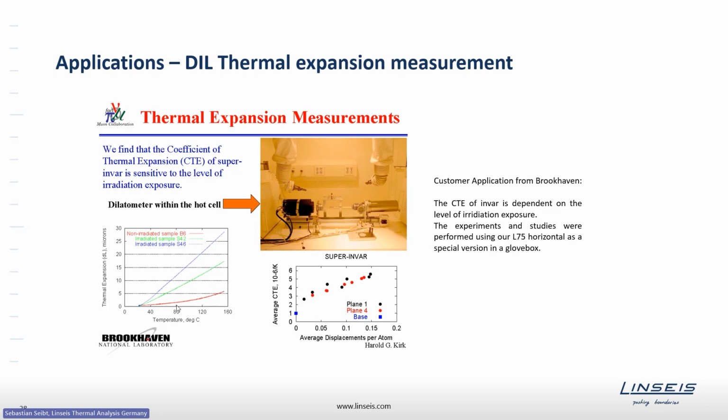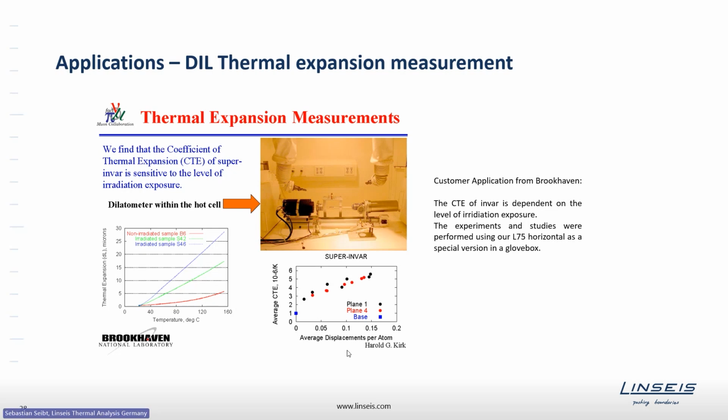And what they found is that the irradiation level the Invar super-alloy sees has a direct influence on the thermal expansion. So the expansion rises, or the coefficient of thermal expansion rises, by irradiation for that kind of alloy, which is a quite important and very interesting observation. That's what they did.